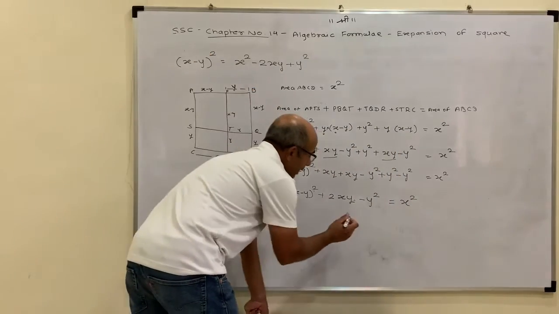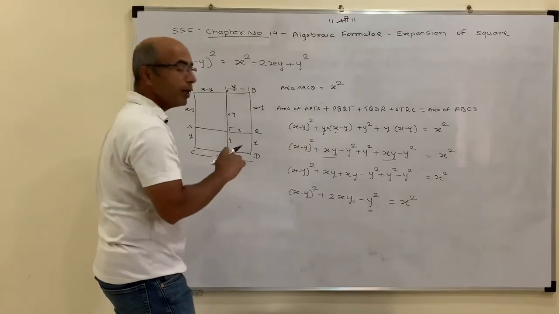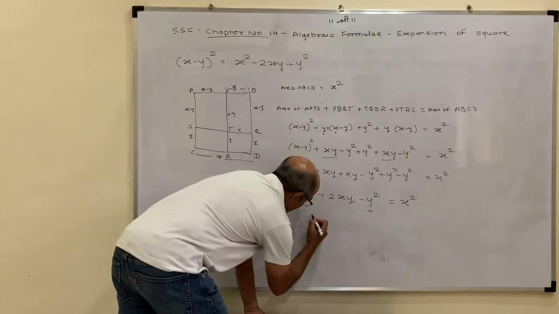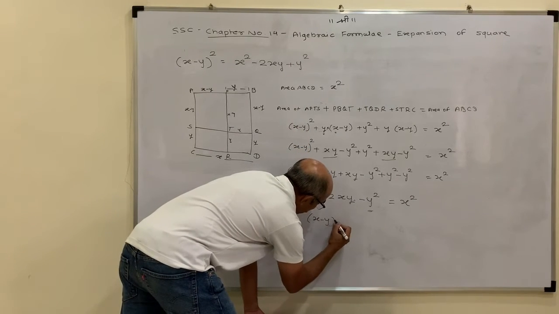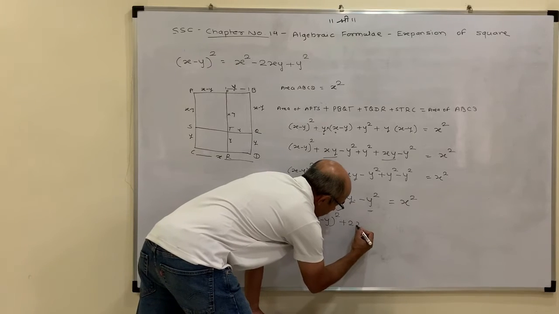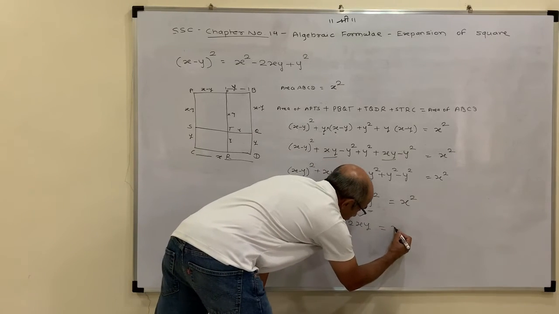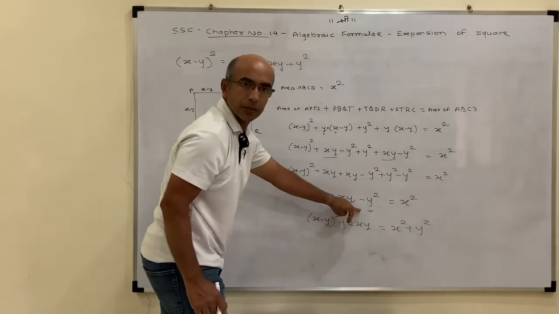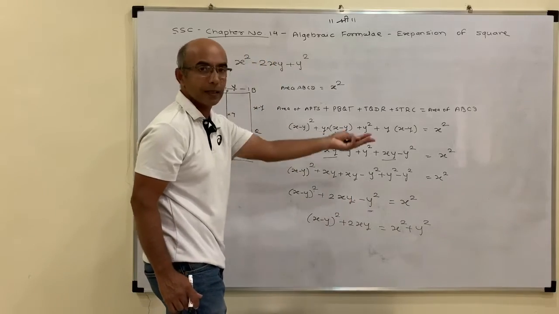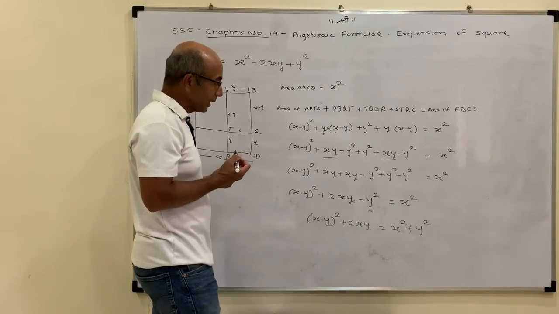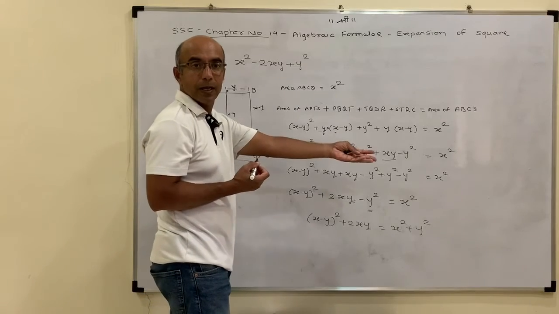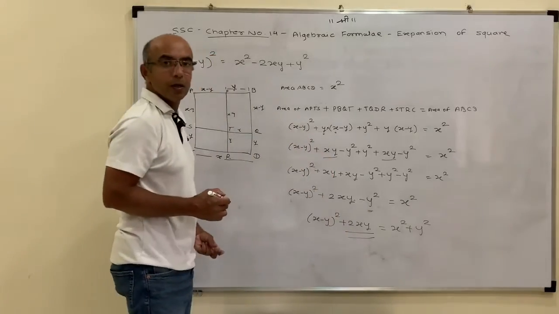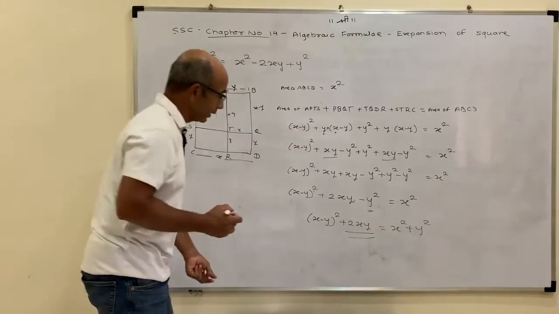Now I transpose this minus Y square onto the right hand side. It is subtracted here, so it will be added on the other side. So my X minus Y square plus 2XY equals X square plus Y square. When I transpose a negative number from the left side to the right hand side, it becomes positive. Now I transpose this plus 2XY to the right hand side, so it will be negative there.